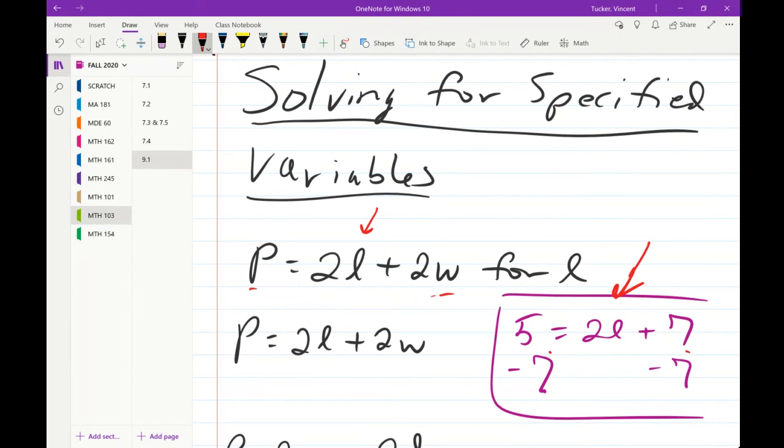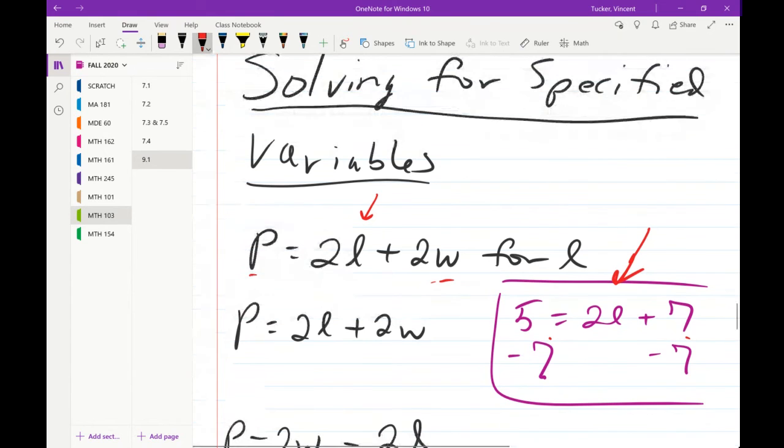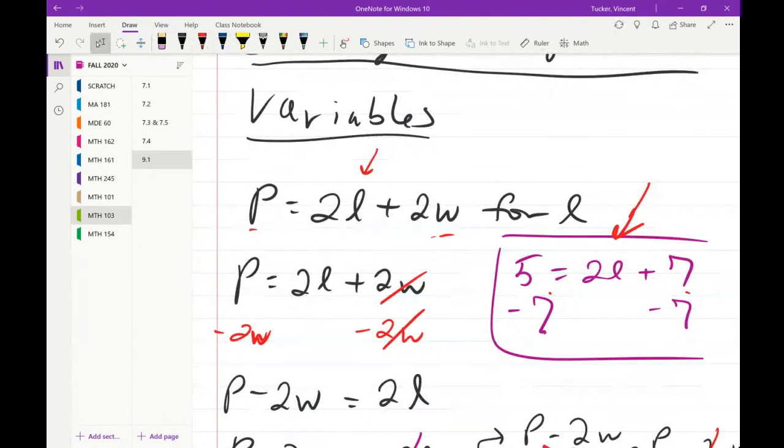So here I have P equal to 2L plus 2W. I want to solve for L, so I'm going to subtract 2W from both sides. Once again, W and P are not like terms, so I cannot subtract them from each other. That leaves me with P minus 2W equal to 2L.